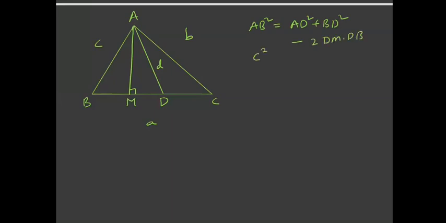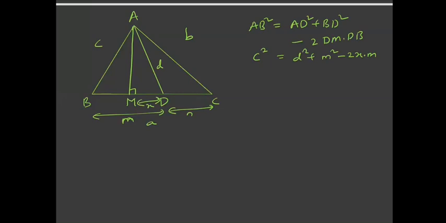So this is C square is equal to D square plus M square minus 2 DM. Let DM be X. Okay, so this is X, BD is M, and DC is N. So minus 2 into X into DB is M. Okay, so this is the first equation.